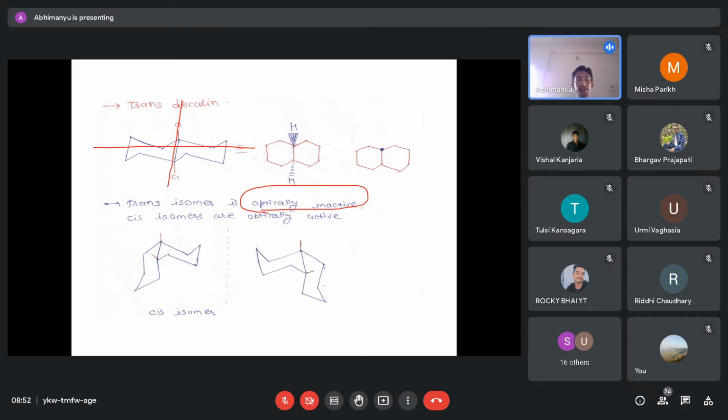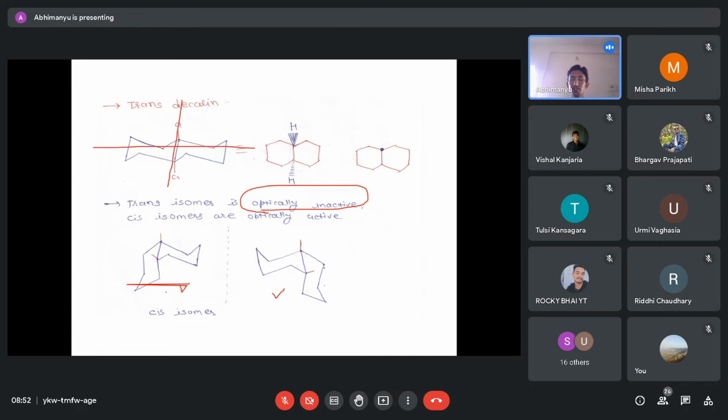But in cis isomers we cannot find any center of symmetry or mirror plane of symmetry, and due to the absence of center of symmetry the cis isomers are optically active.